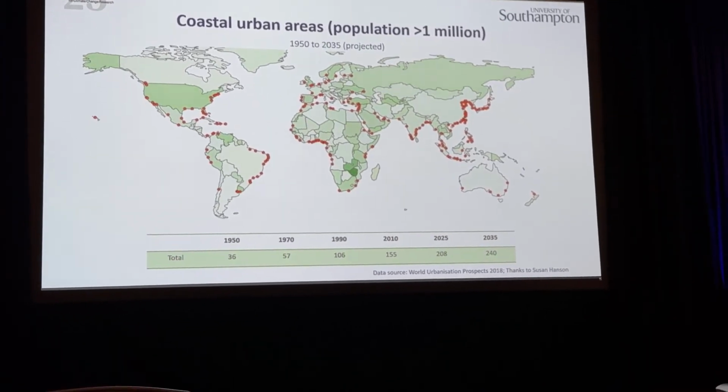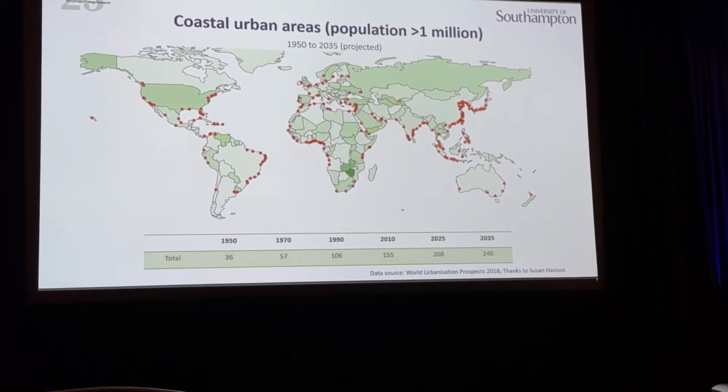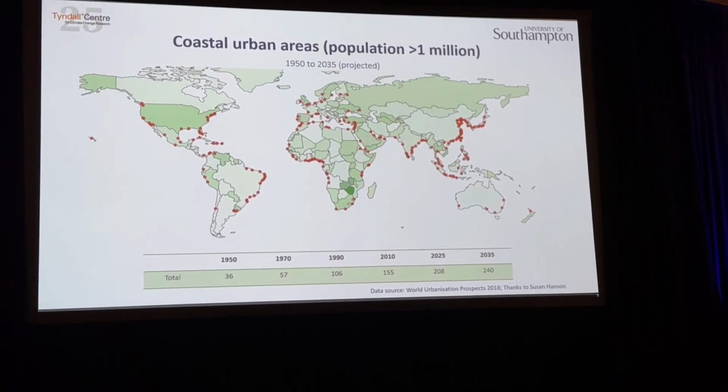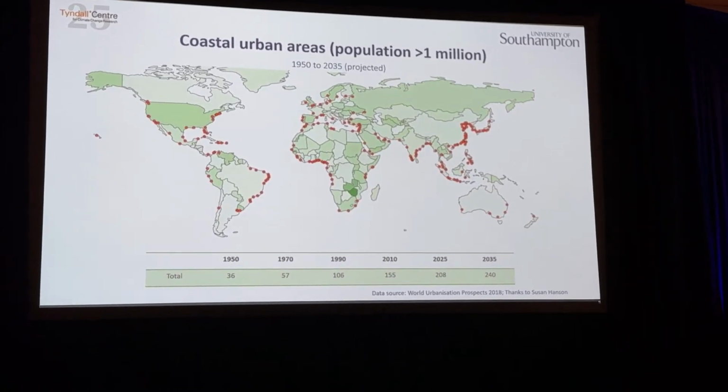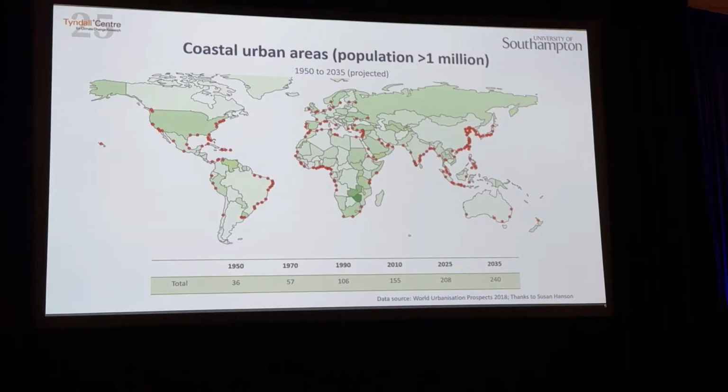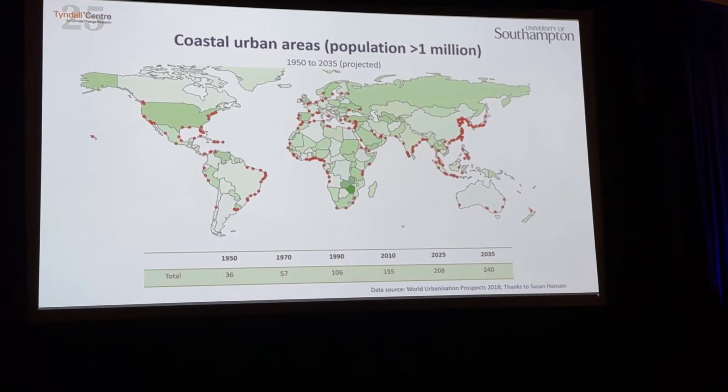That really stands out. So I'll mention Asia a few times in this talk, but there's a particular concentration because there's a high concentration of people. And so you can see these are the places where we have concerns.